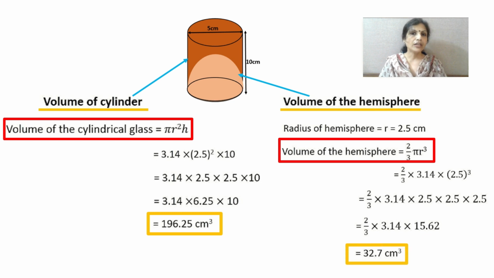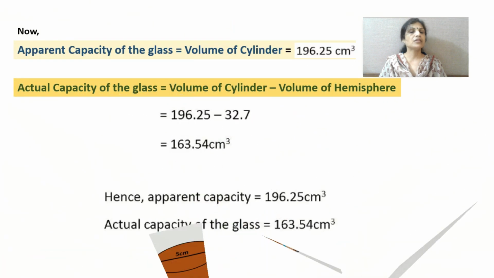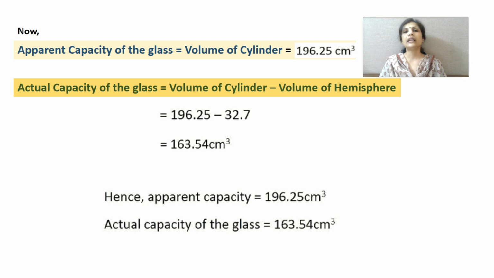So we have calculated the volume of a cylinder, and we have calculated the volume of a hemisphere. So now we'll get the values which we want. The apparent capacity of the glass is the volume of a cylinder, which we have calculated as 196.25 centimeter cube.